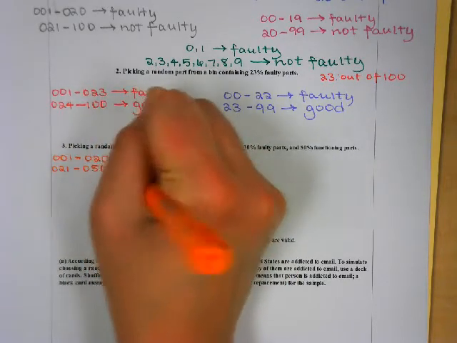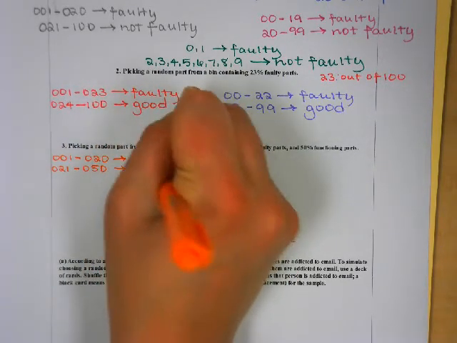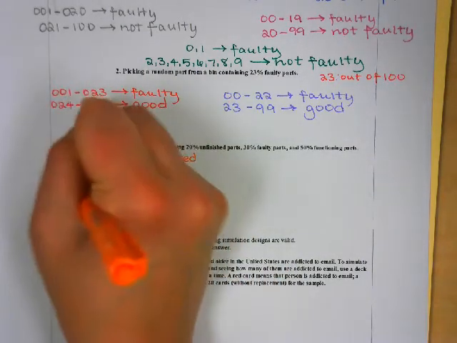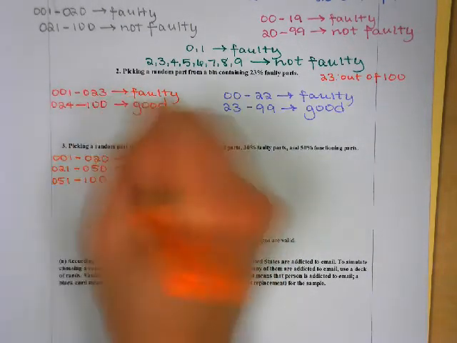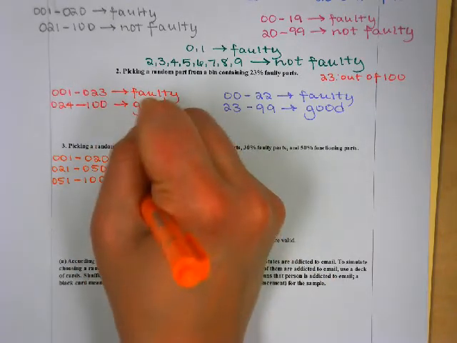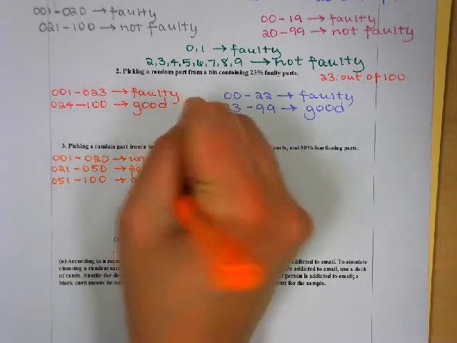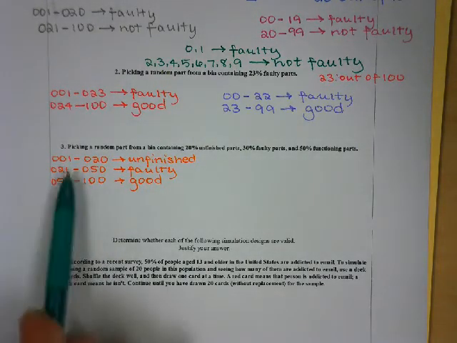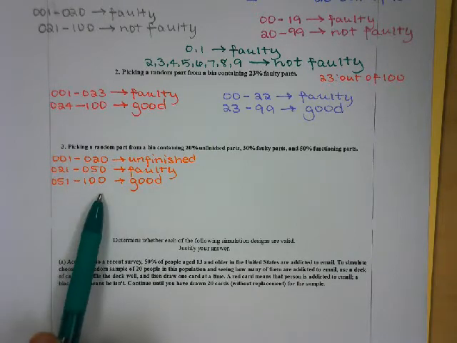And then the last 50% are functioning. So that'd be 051 to 100. And those are, I'm going to write good because functioning's a long word. So that's using 3-digit numbers.